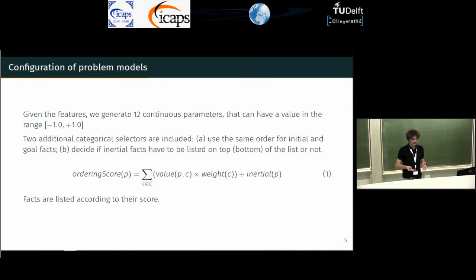And the value range is between -1 and +1, because this means that if you give a positive value to the specific feature, you are indicating that this specific feature is important, and you want to reward facts that show it. While if you go into the negative area, you are basically listing later the facts that show that specific feature or a high value of that specific feature.